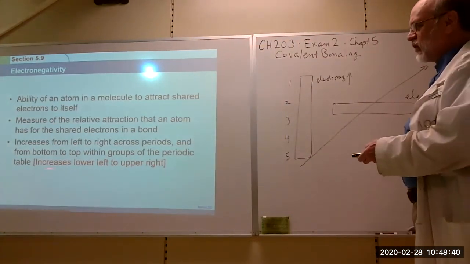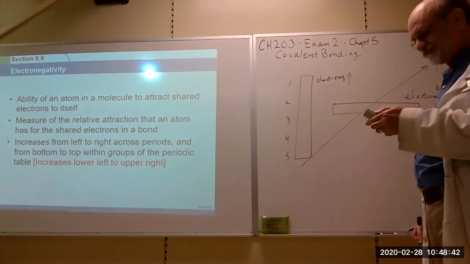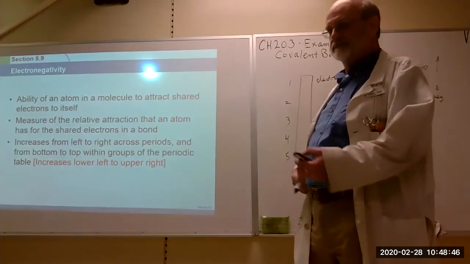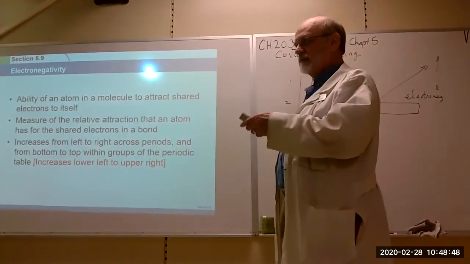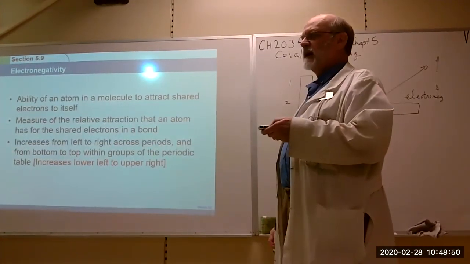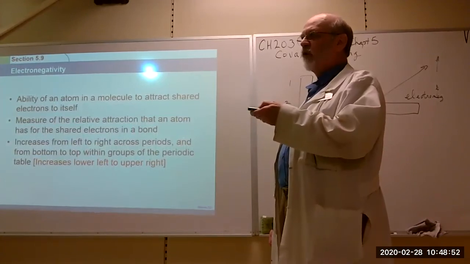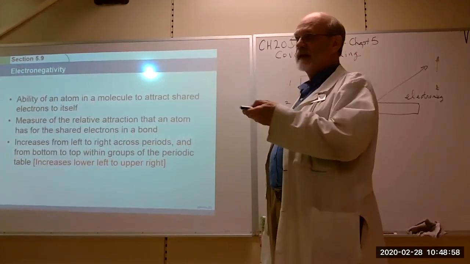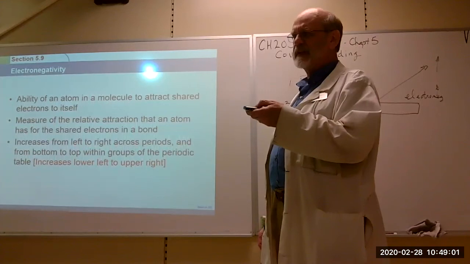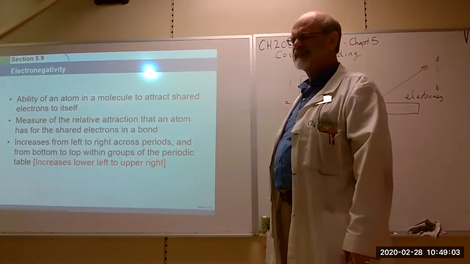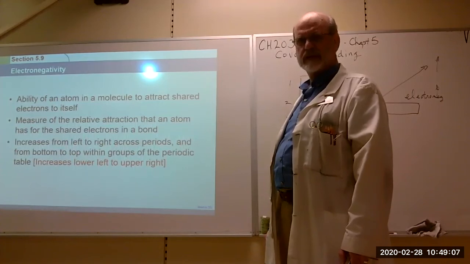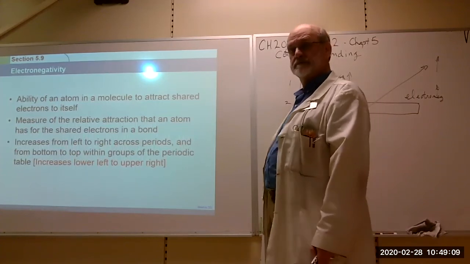So it increases from lower left to upper right. And in fact, the Pauling scale, developed by Linus Pauling, places 4.0 as the value for electronegativity, strongest. And then cesium, I think, is down around, I don't know, 0.3 or 0.4, something like that. It's pretty low.